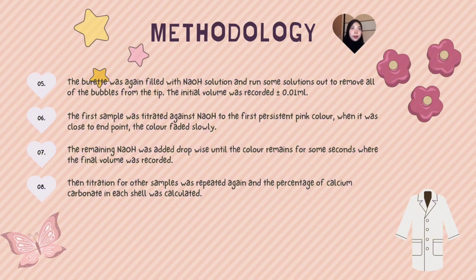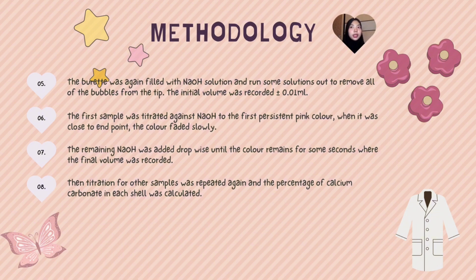Next, the first sample was titrated against NaOH to the first persistent pink color. When close to the endpoint, the color faded slowly and the remaining NaOH was added dropwise until the color persisted for some seconds, when the final volume was recorded.